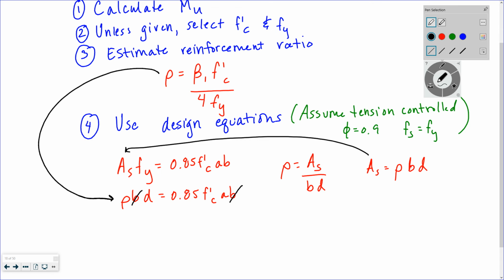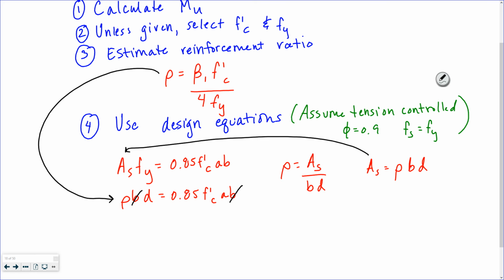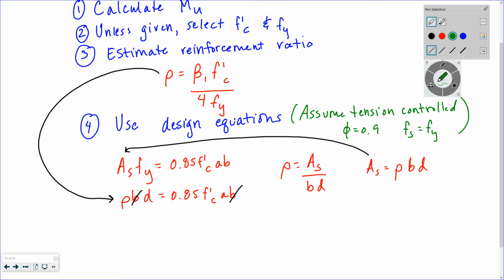Now this rho, that reinforcement ratio, is the one that we estimated based off of our material properties. So the only thing we don't know in this equation is d and a, because we haven't designed anything. This is my equilibrium equation.